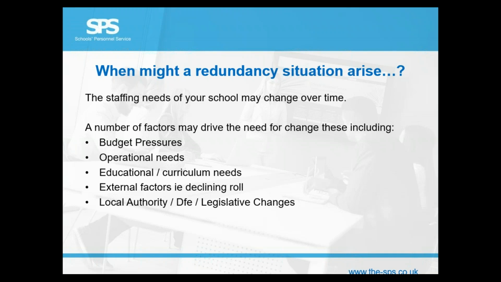And then finally, wider external factors, government, DFE, legislative changes can have an impact on your staffing structures. So that's a summary of the key drivers that we see when we're supporting schools in terms of why they might need to restructure.